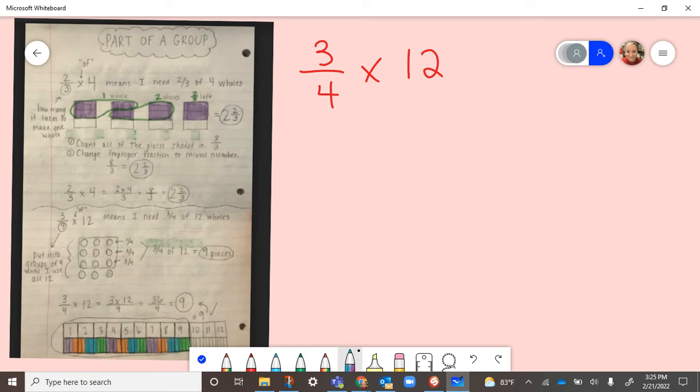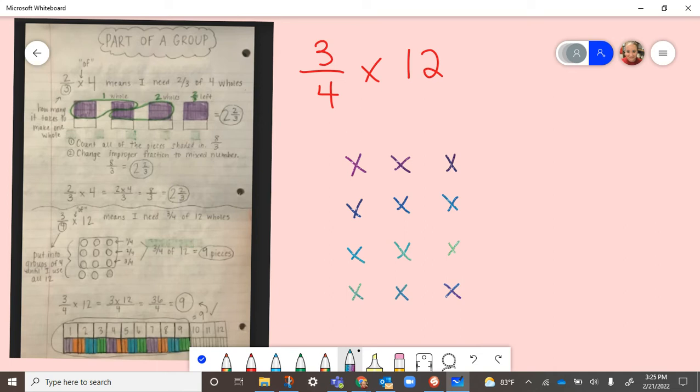So we've got 1, 2, 3, 4, 5, 6, 7, 8, 9, 10, 11, and 12. So if I want 3/4 of that 12, then I need to think about how I can take these 12 wholes, these little X's each represent a whole. I need to think about how I can find what 3/4 of them would be.